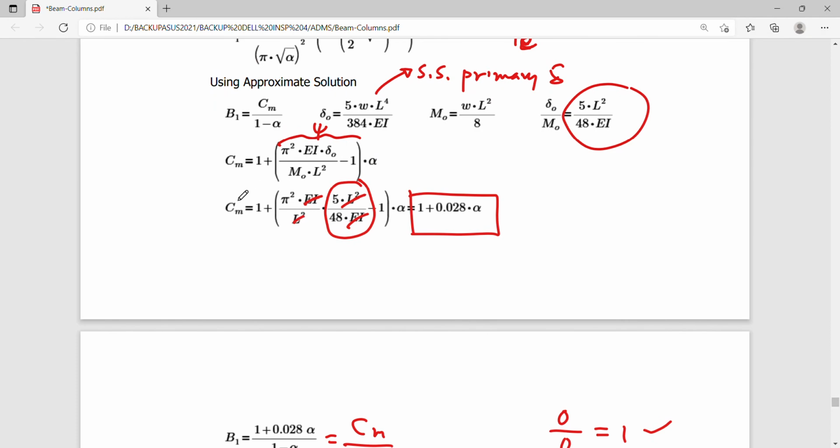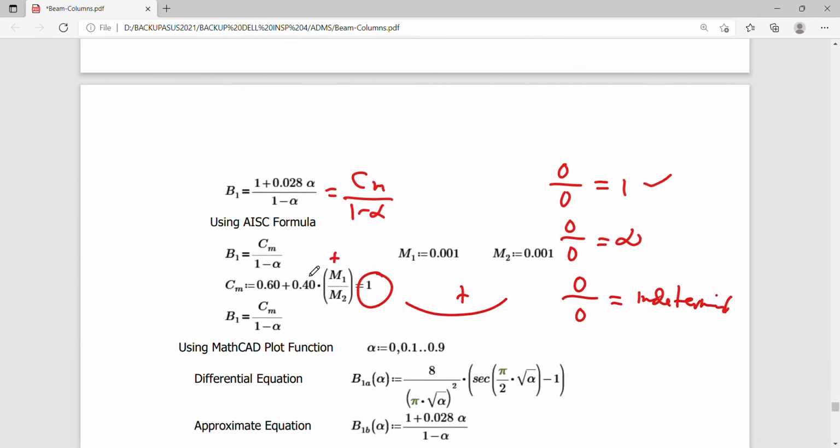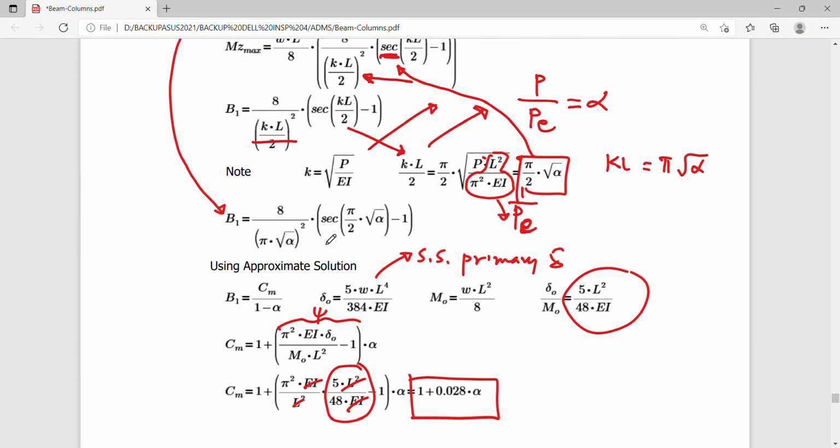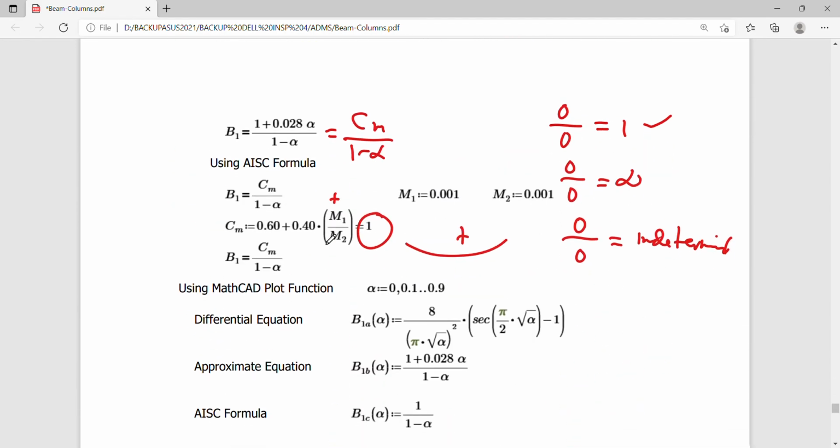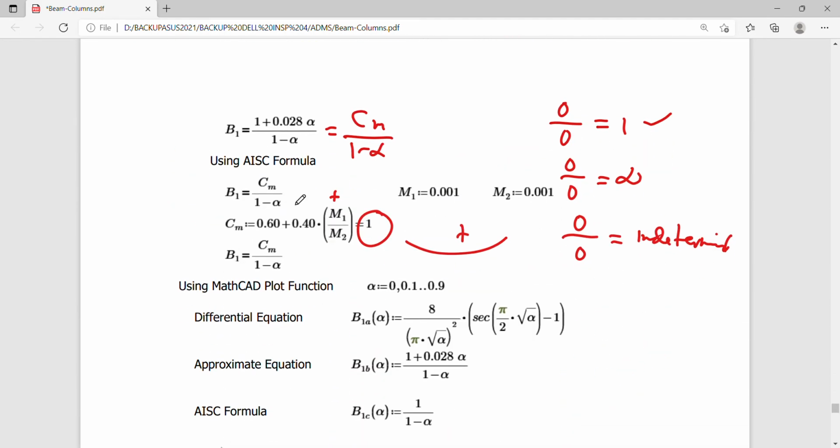So I just showed you how Cm was also derived based on this very simple but very accurate formula. This AISC formula is very old but very dependable.